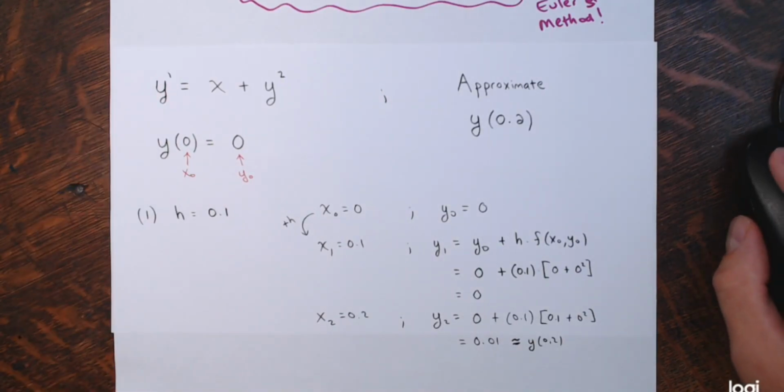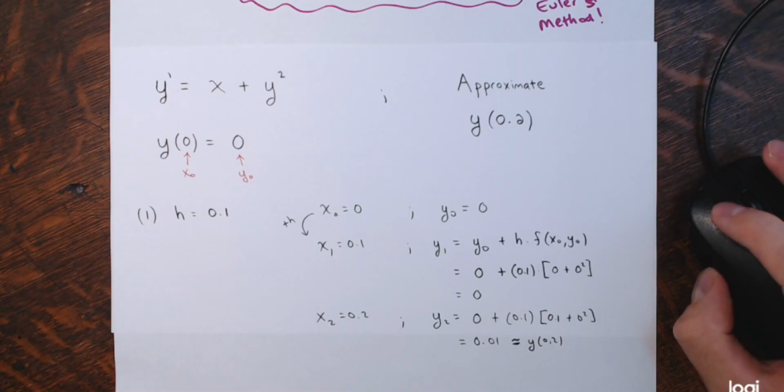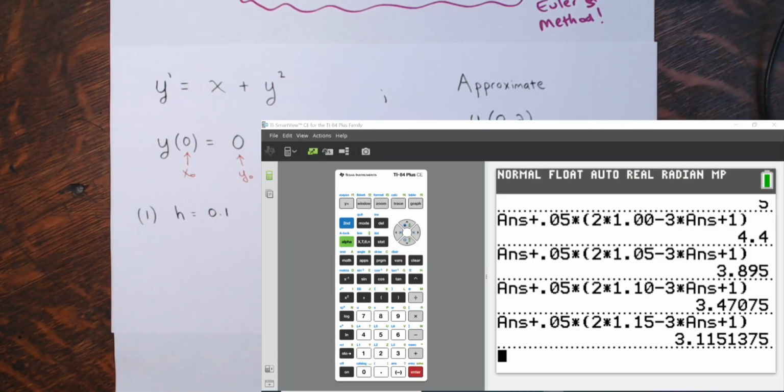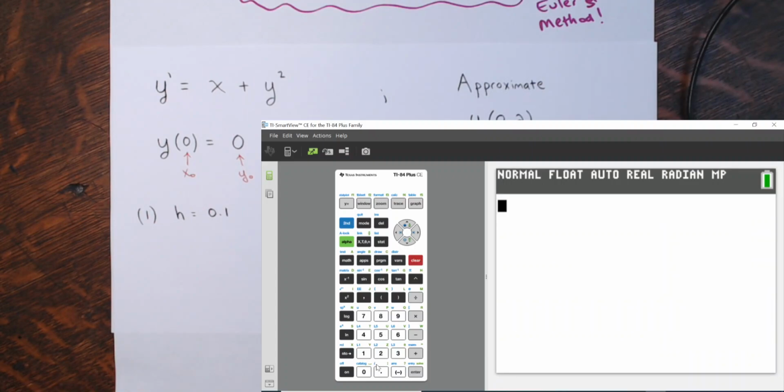And let me pull that up again. Calculator pulled up, clear this out. Y sub 0 was 0, so I start with that. And then the next one will be the previous y, so answer plus h 0.1 times f of the previous x plus the previous y.